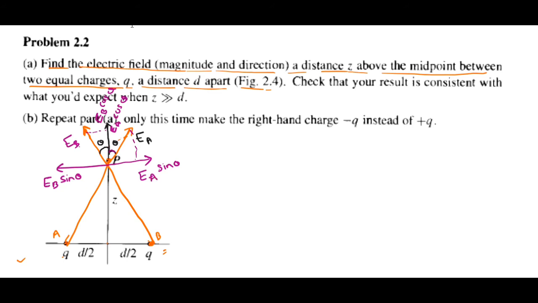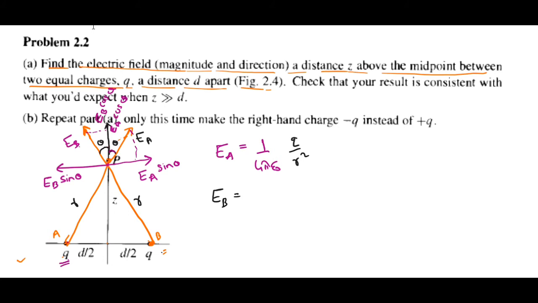Then what are EA and EB? EA is the electric field at the point P due to the charge placed at the point A. That is 1 by 4 pi epsilon 0. I take this distance as r. This is also r. Then it will be q by r square. I am writing the magnitude only. What about EB?